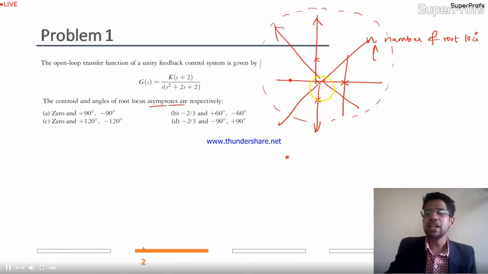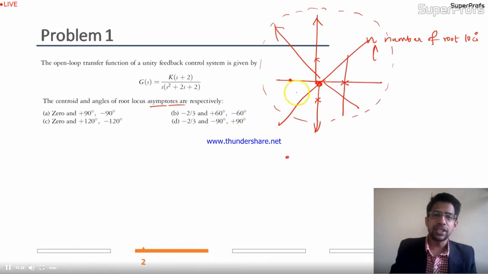So we need to find out the angle by which these root loci travel towards infinity. And we need to find out a point. Let us say this is the point from which these root loci meet and then diverge at a certain angle.